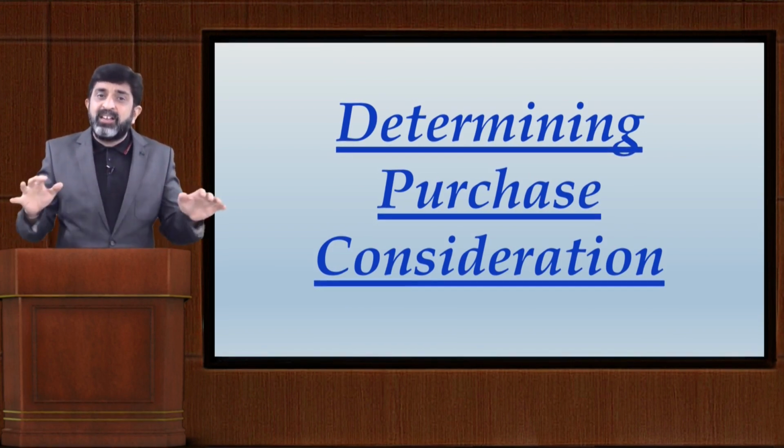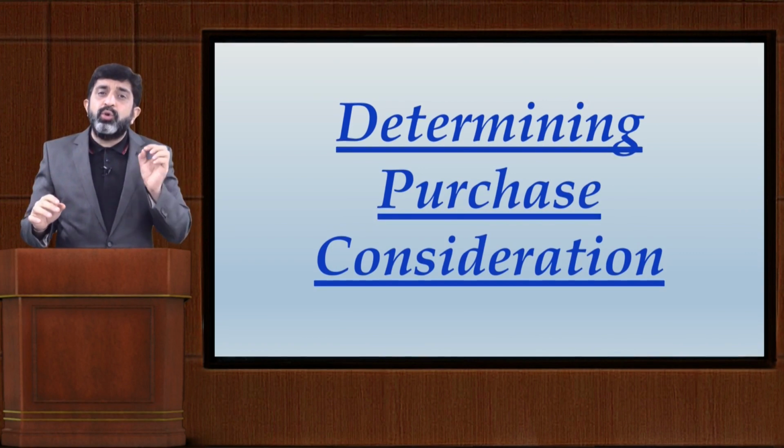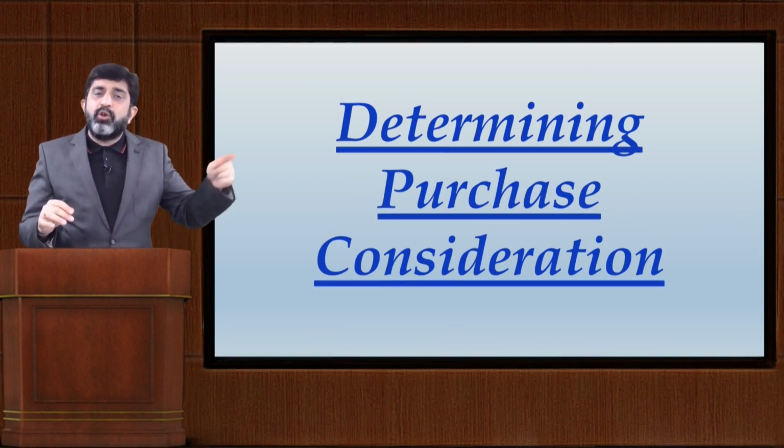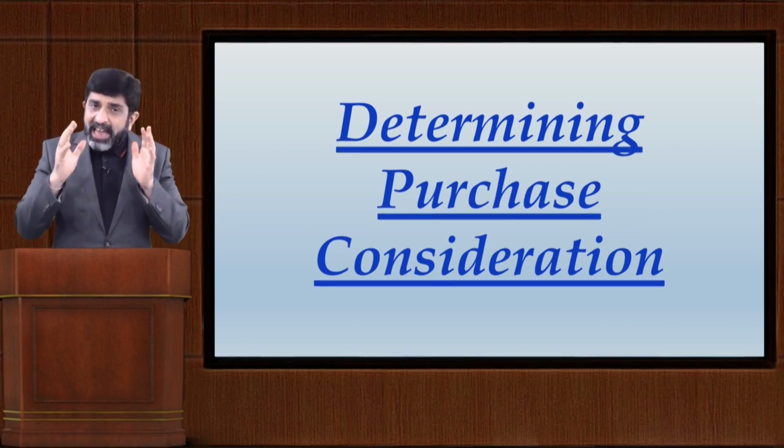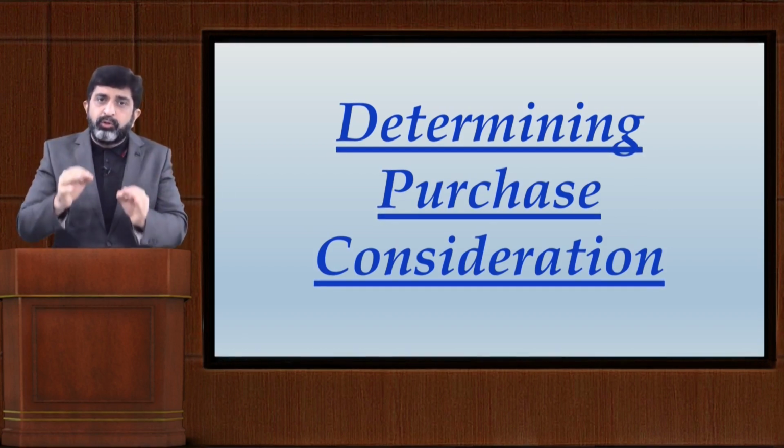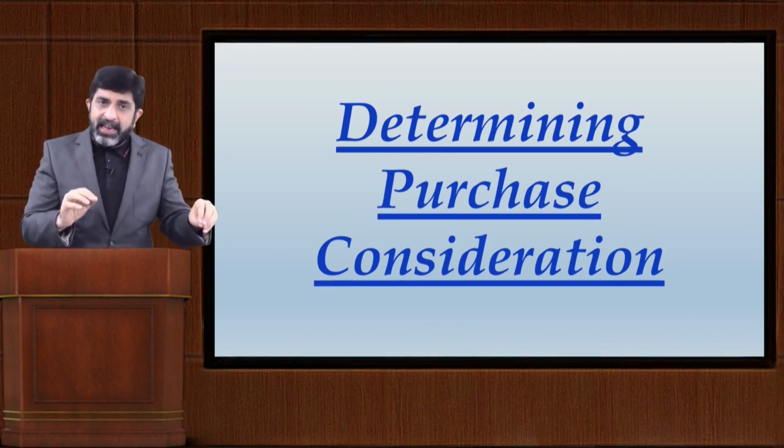But under no circumstances are you going to take any amount other than fair value. So you will consider the fair value of the assets that you have transferred. If you have assumed any liabilities, those liabilities also should be assumed at fair values.